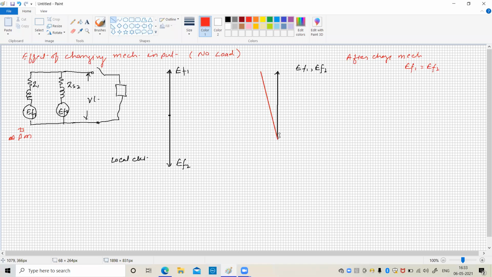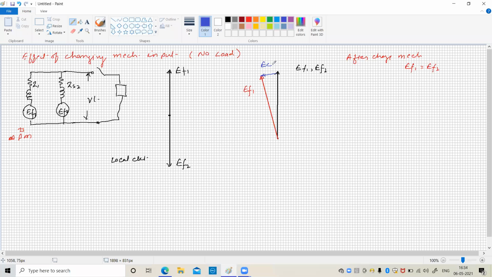So there is some mechanical angle change, whereas the magnitude of the voltages remains the same. So here EF1 gets advanced, and because of this advance, a voltage is going to develop in the local circuit, and it is represented by EC.